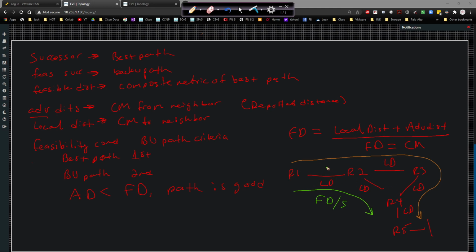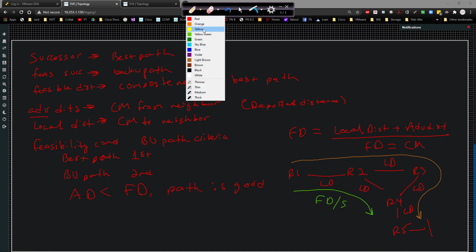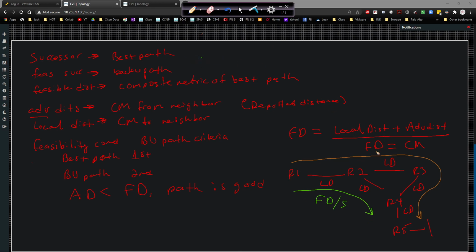But remember, EIGRP doesn't look at it from the perspective of how many hops away, but at the link-specific metrics: bandwidth, delay, load, reliability. So for the sake of argument, we're going to say that the green path is the feasible distance, and that the light brown path is going to be our potential backup route. So this might be a feasible successor or a backup.